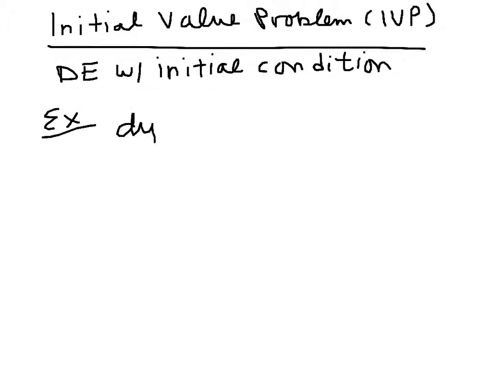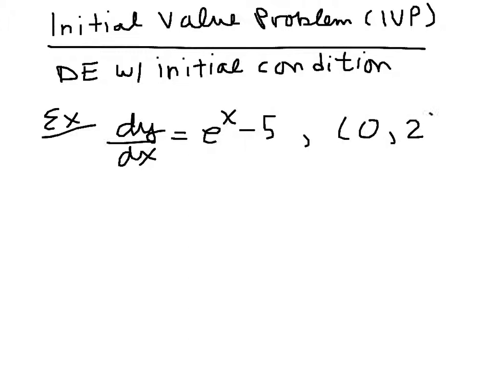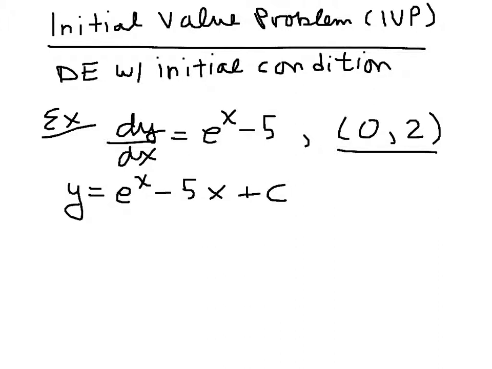Suppose you were told that dy/dx is equal to e to the x minus 5, and it contains the point (0, 2). In other words, the function whose derivative is e to the x minus 5 contains the point (0, 2). Well, again, simply integrating here, we get e to the x minus 5x plus a constant.